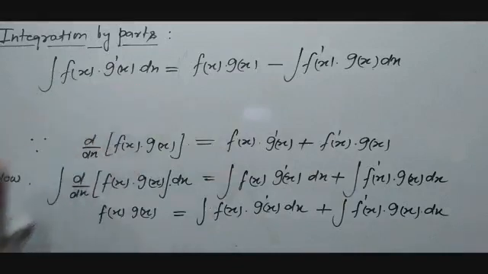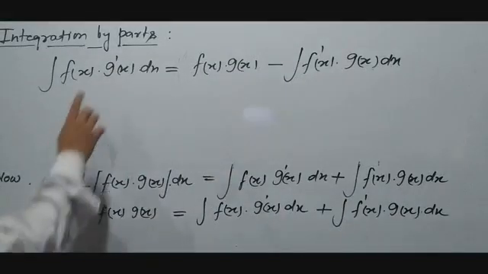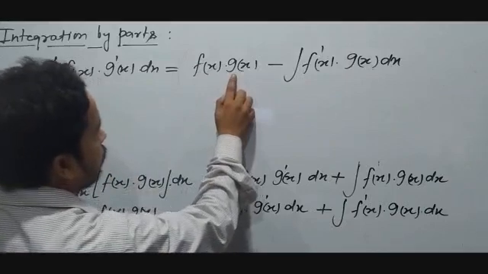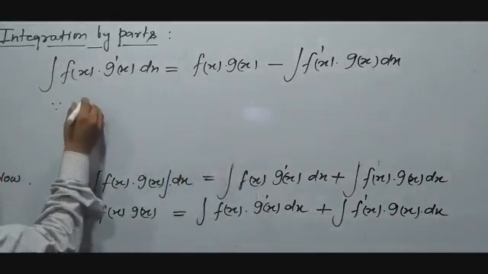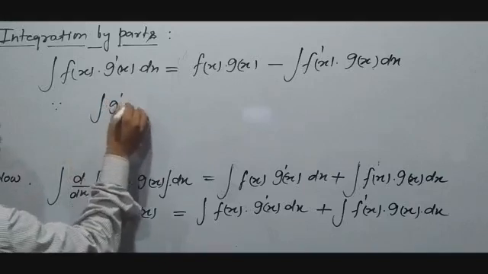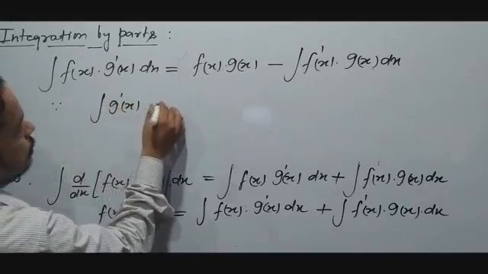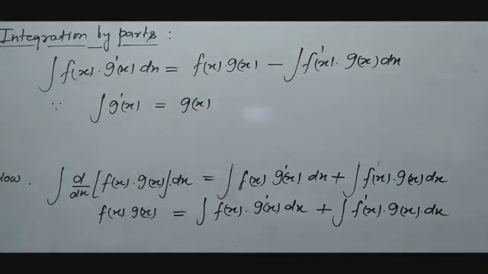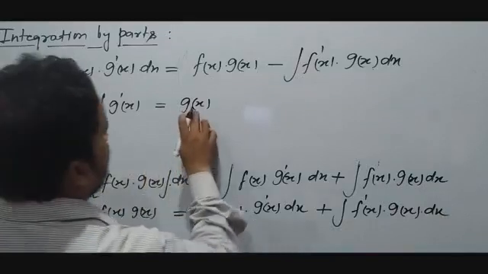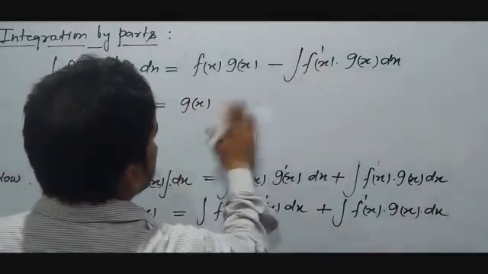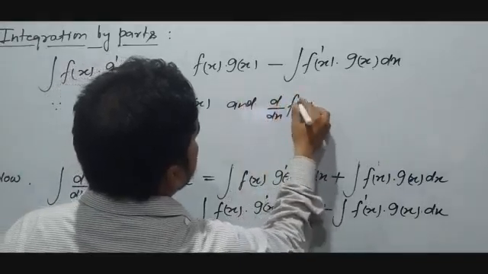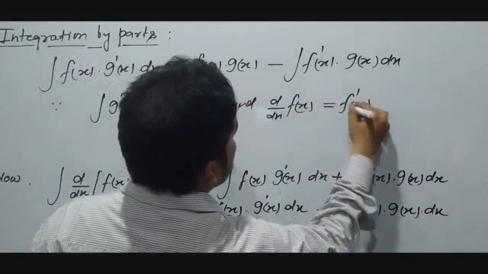So from these statements we can say the integration of g dash x is g(x), since the integration of g dash x you can write as g(x), and d by dx of f(x) you can write as f dash x.